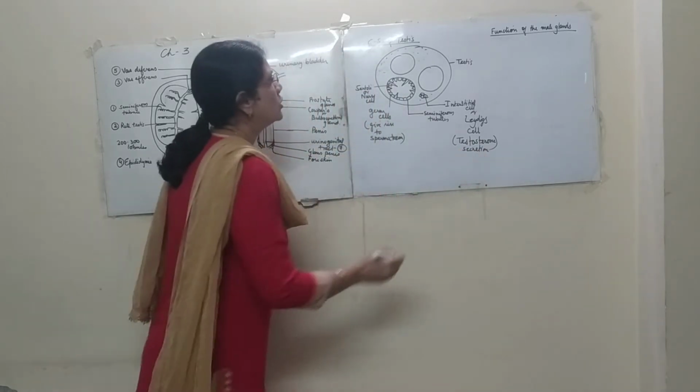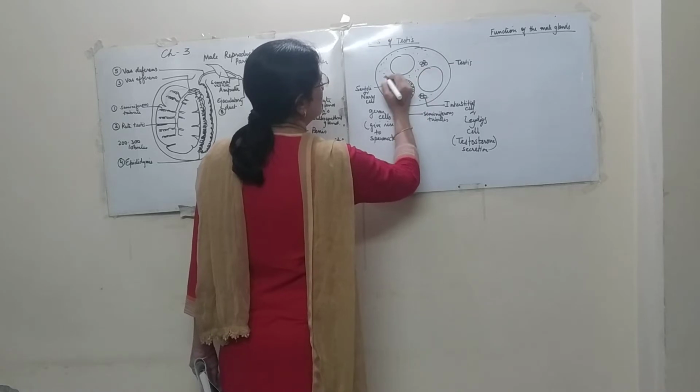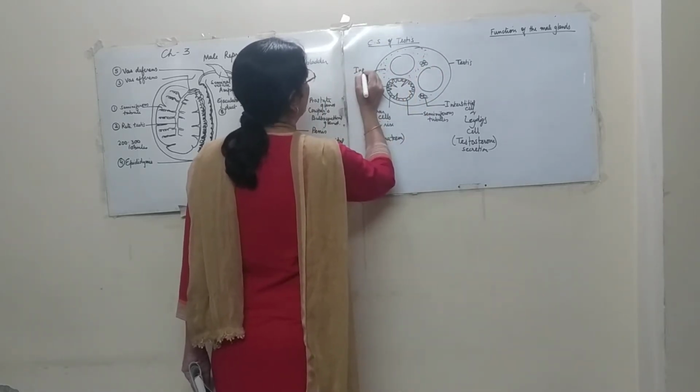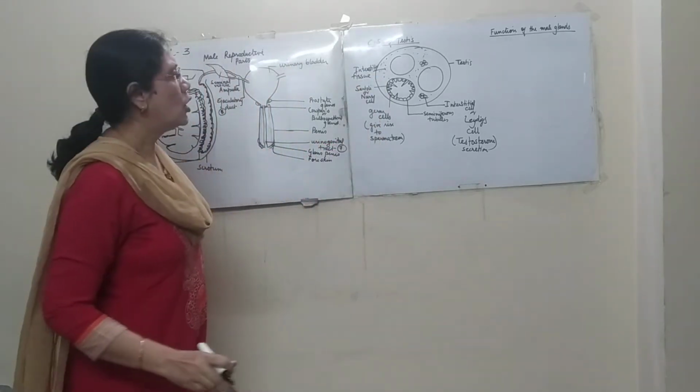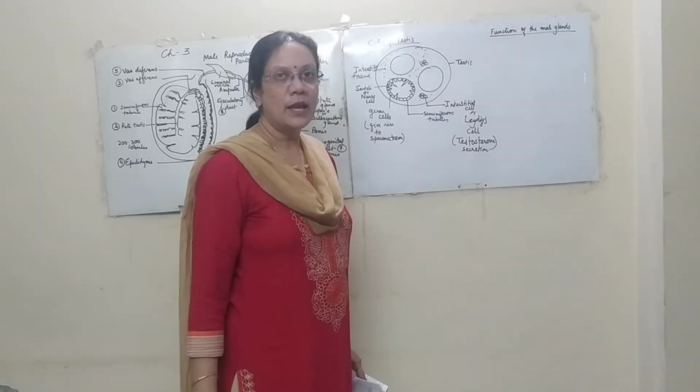Is it clear? So there are a number of Leydig cells lying in which part? This is the interstitial tissue. Now let us move to the next part, that is the function of the male glands.